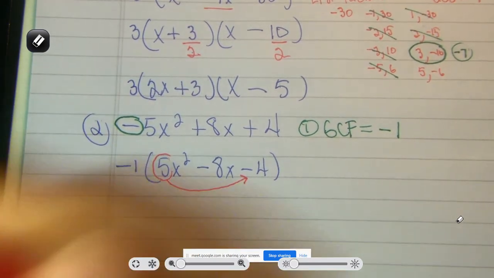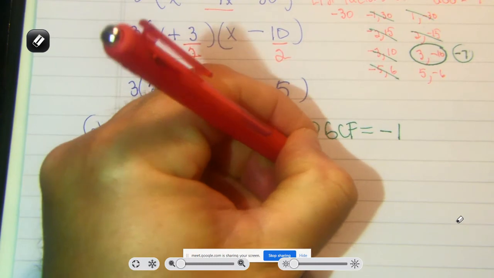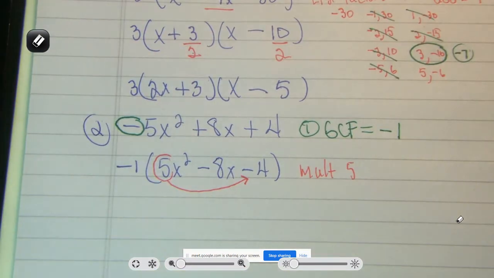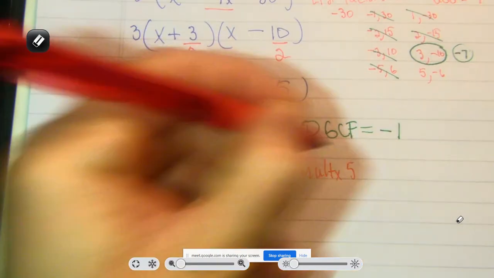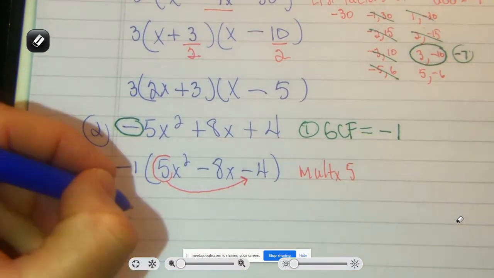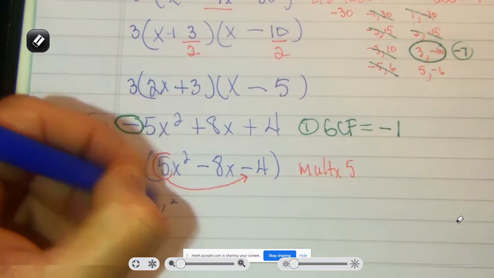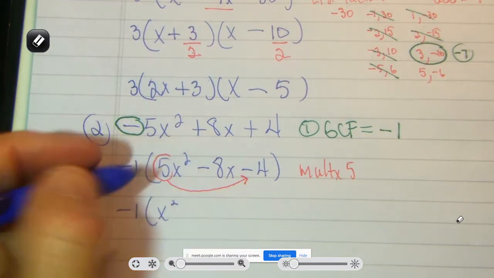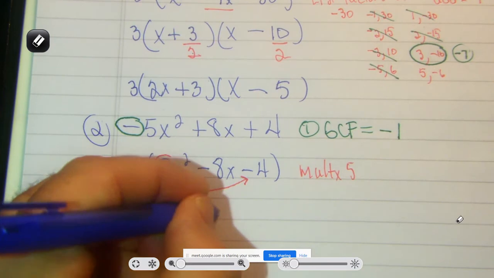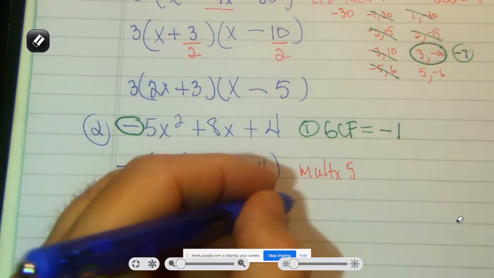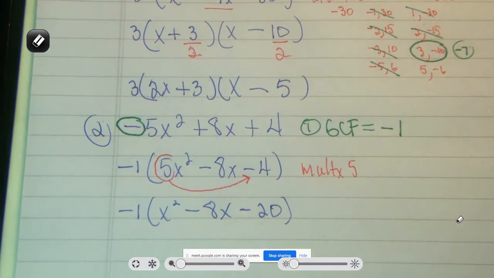Remember that I am multiplying by 5. Okay, so it's negative 1. It's x squared. I like not having a coefficient in front of x squared minus 8x. And then subtract 20.